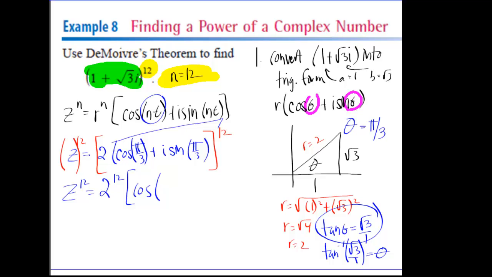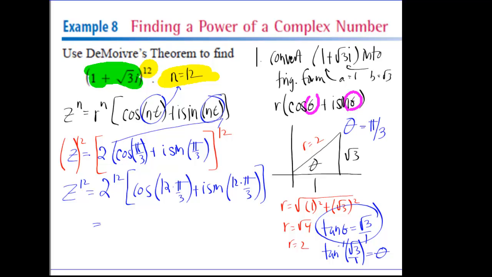Now we need n times theta. Remember, n was 12, so 12 times pi over 3, plus i sine. N times theta again is 12 times pi over 3. It's helpful to notice that both arguments for the cosine and the i sine are the same number.